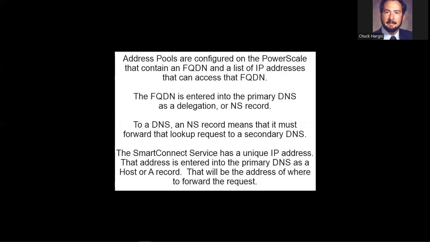To a DNS, an NS record means that it must forward that lookup request to a secondary DNS. The SmartConnect service has a unique IP address. That address is entered into the primary DNS as a host or A record. That will be the address of where to forward the request.